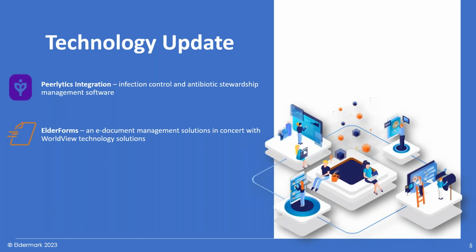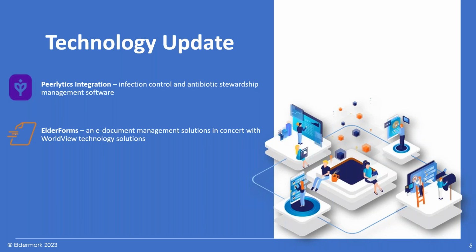And then also Elder Forms. This is our new electronic document management solution in concert with our partner technology Worldview. This is taking off like a rocket. If you want to learn more, let us know. We can hook you up with a product champion.